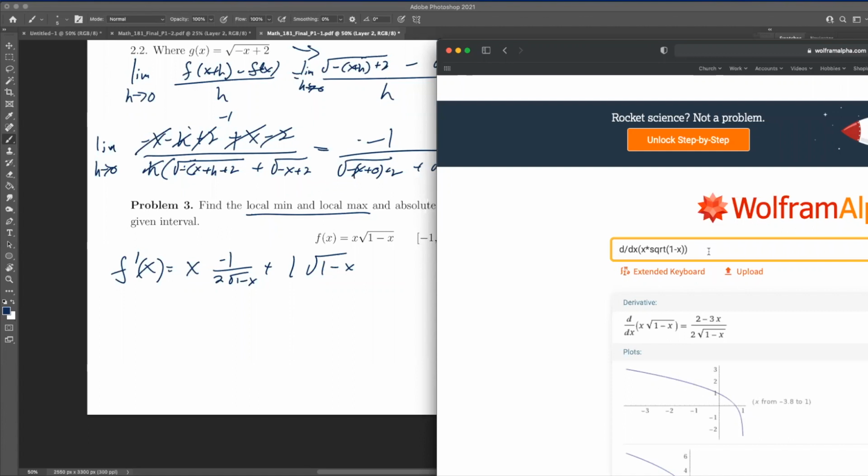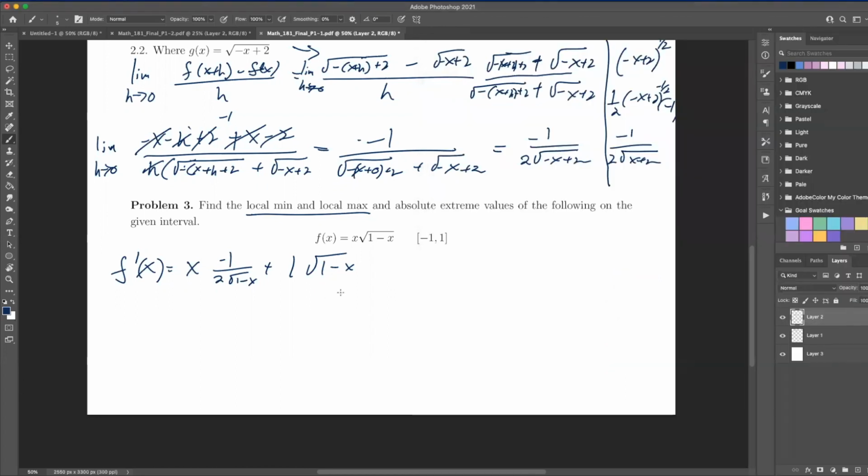So yeah, this is what they get. Notice here that our solution looks different than their solution. Is that bad? Not necessarily, right? Are these equivalent solutions? The answer is yes. And let me show that to you.